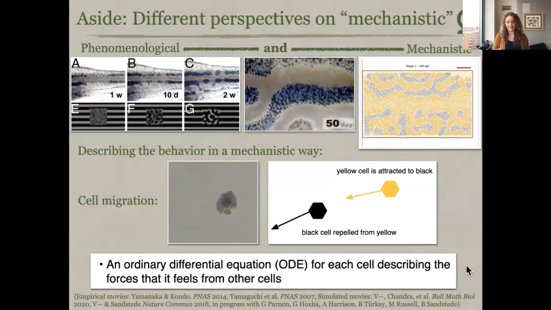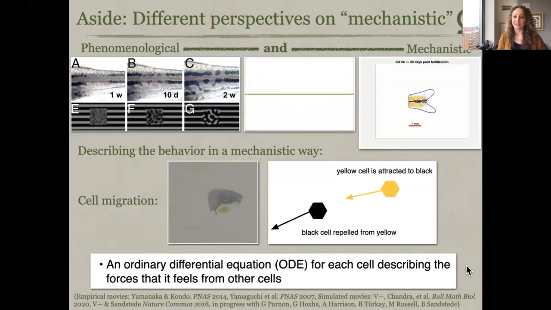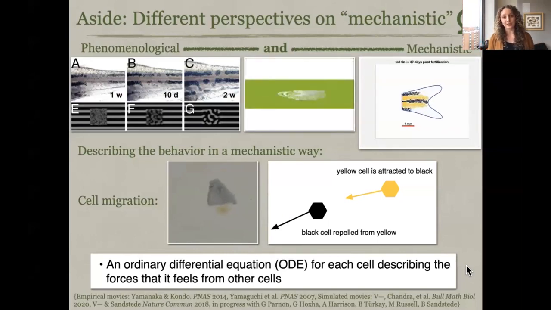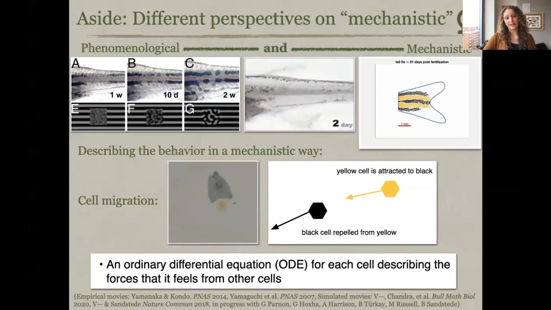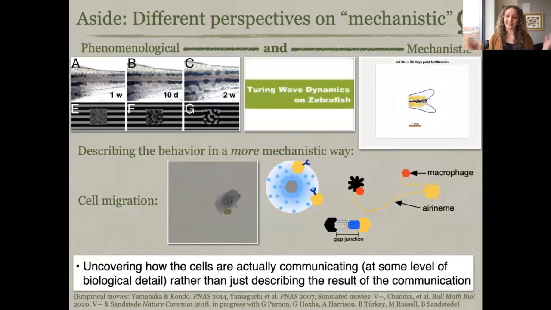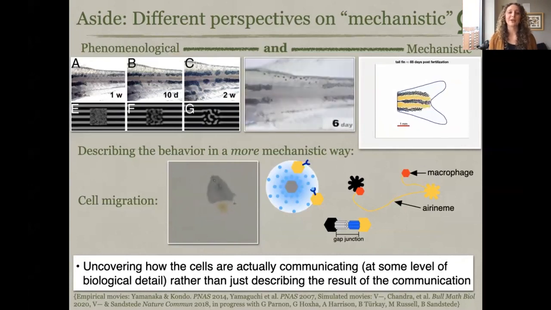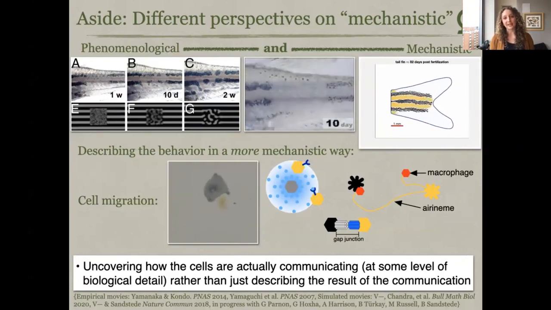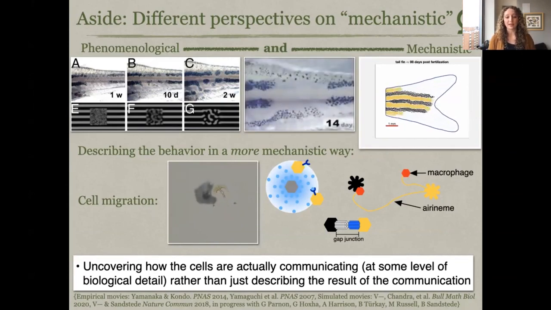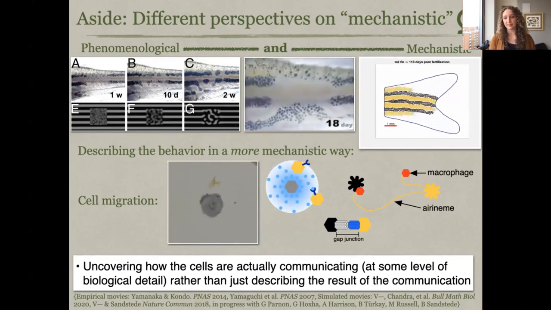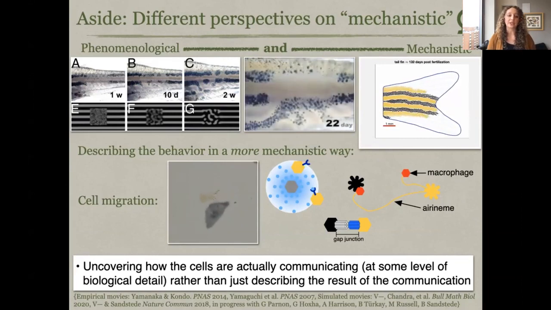So at some scale, this is getting at the mechanism behind the pattern, but the reality is all you have to do is go one step further into the application, and that is in and of itself a black box, because these cells aren't just being described by ODEs. There are much more complicated things going on biologically, where maybe there are signals diffusing, maybe they're reaching out legs to touch each other.